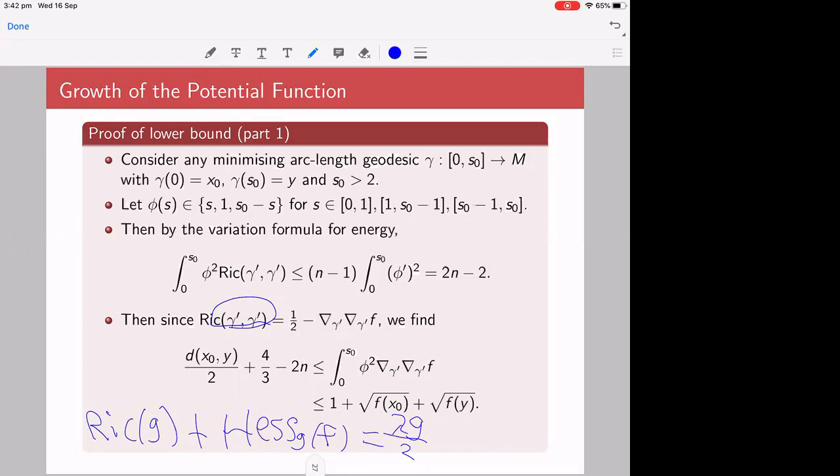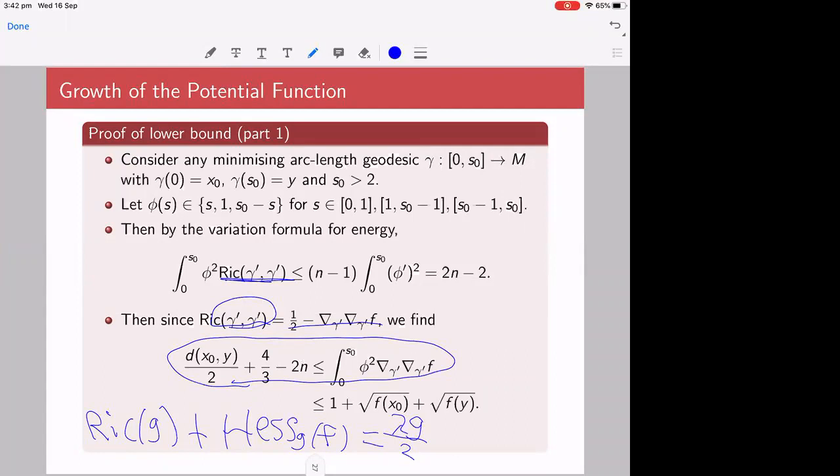Okay, why does that help us? Well, this inequality here is found by replacing this Ricci curvature term with this stuff and rearranging. This is exactly what this is here. So that's just a rearranging.